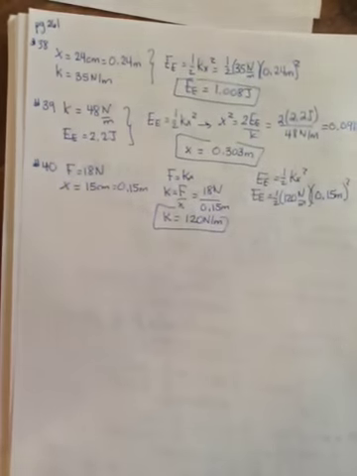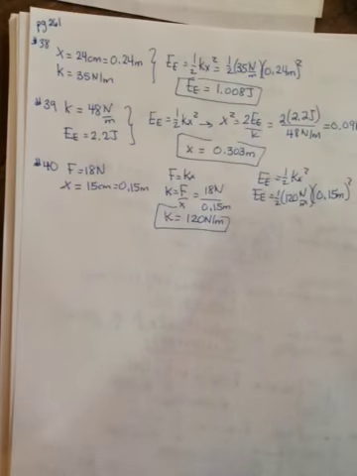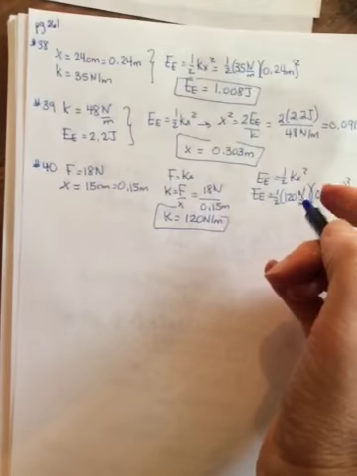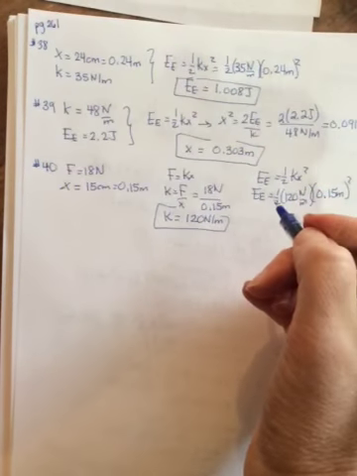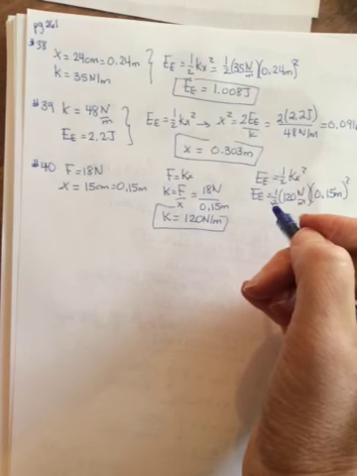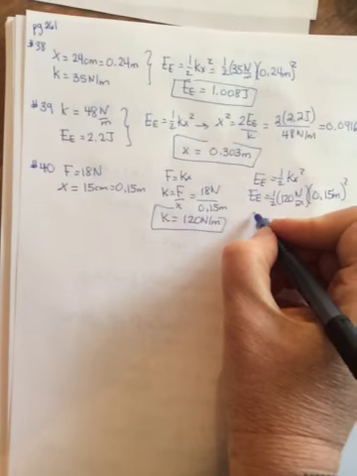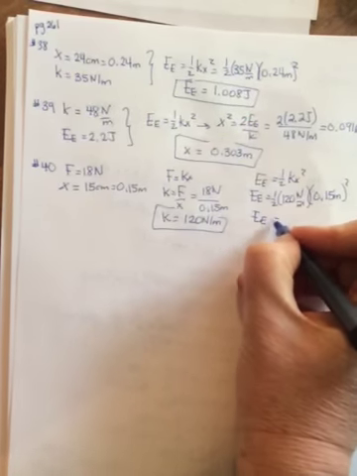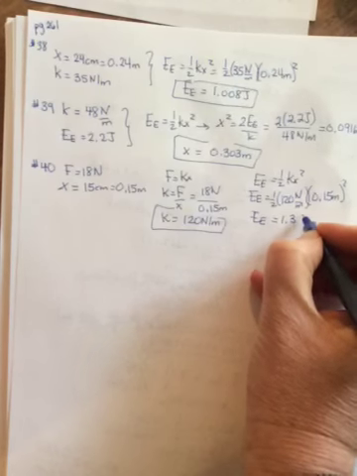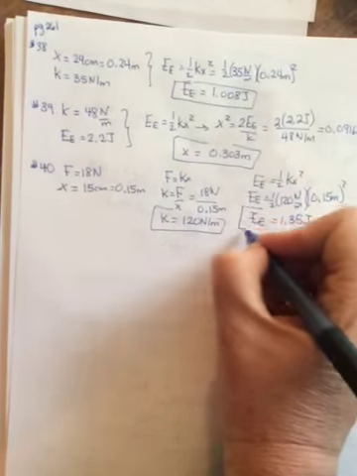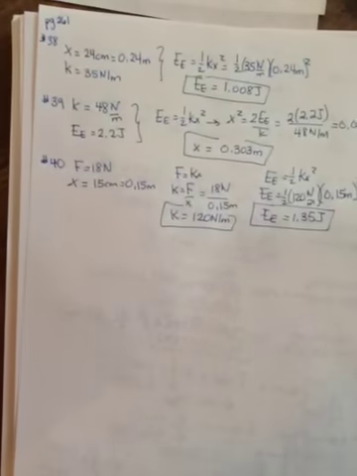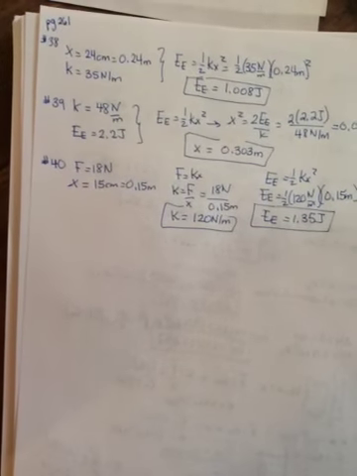So 0.225 times 60, so 2.25 times 6. Oh, I need to move the decimal one more. 1.35. I have my decimal in the wrong spot because of the squared. 1.35 joules. Elastic potential energy? Done.